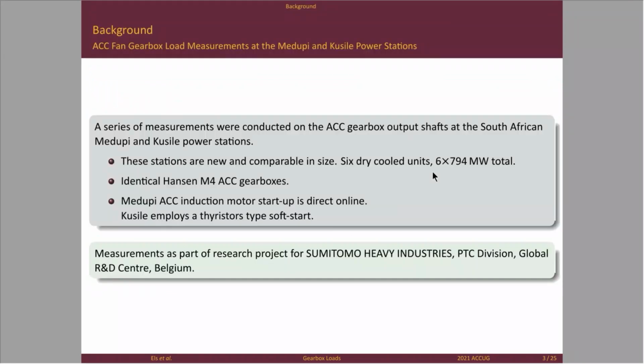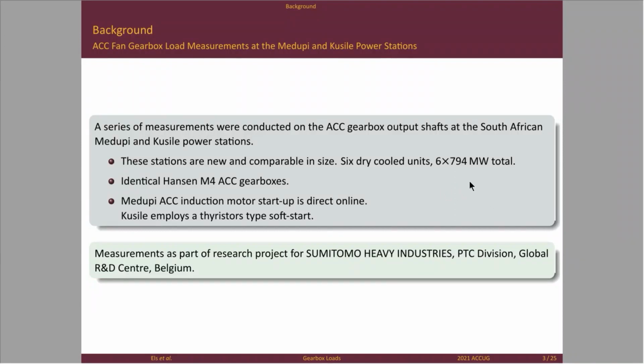So first of all, we did a series of measurements on the gearbox output at the new Medupi and Kusile power stations. These stations are fairly new. They are comparable in size. Each has 6 dry-cooled units of about 800 megawatt.